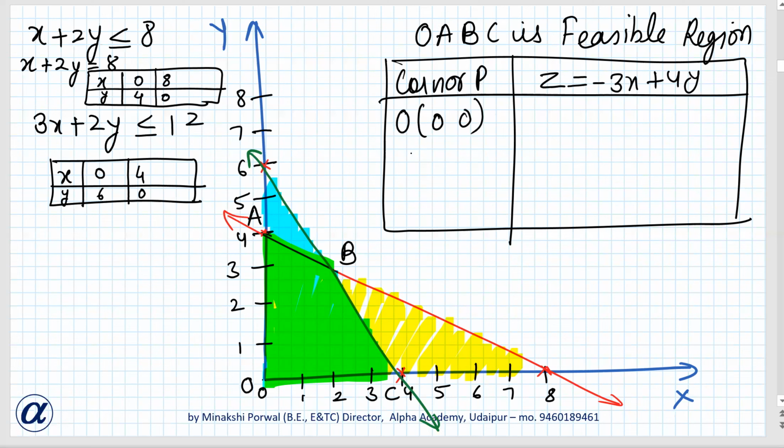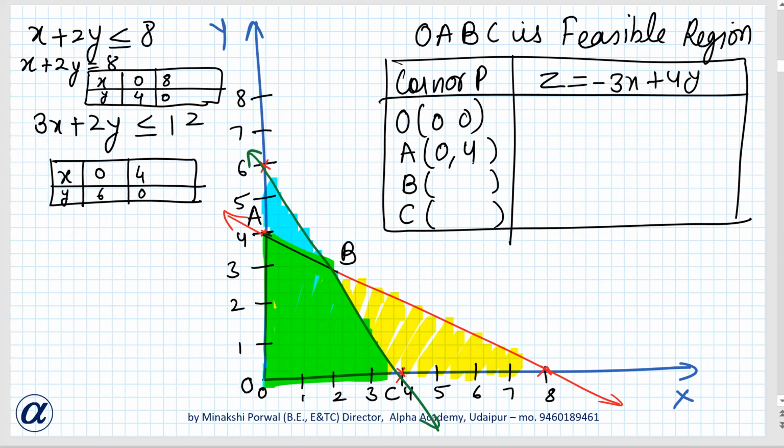What is A, Sahil? 4, 0. It should be 0, 4, right? Okay, I wrote C as A and A as C. What is B, Wasim?